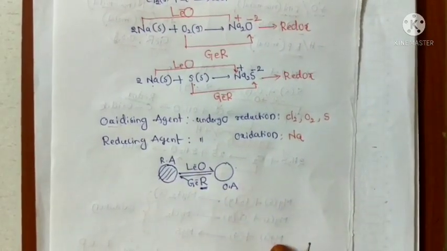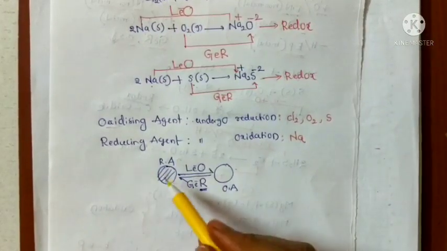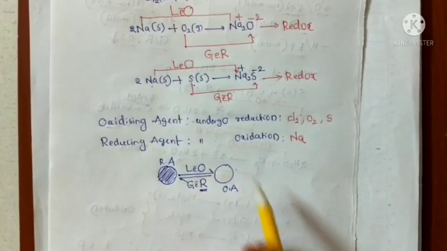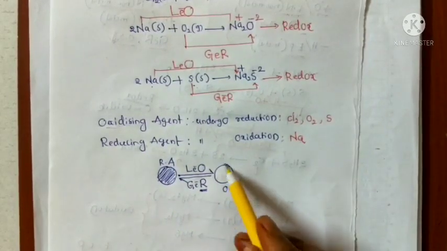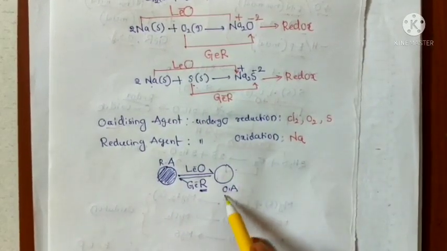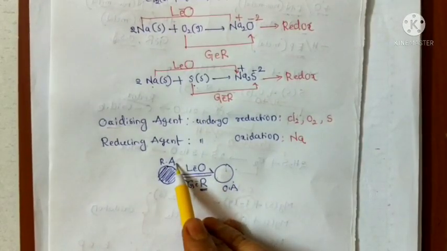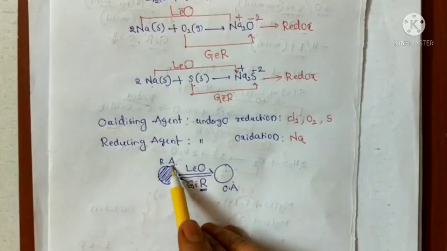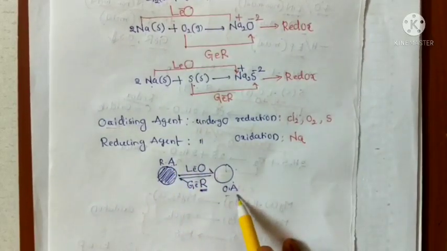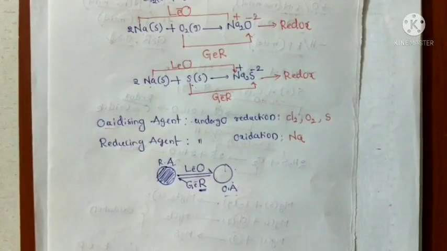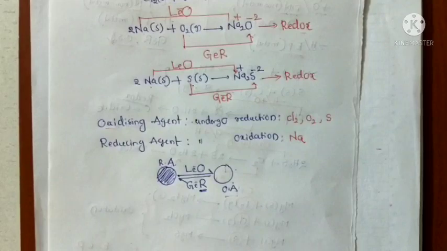The reducing agent has the donor capacity and the oxidizing agent has the accepting capacity, which is electron accepting capacity.